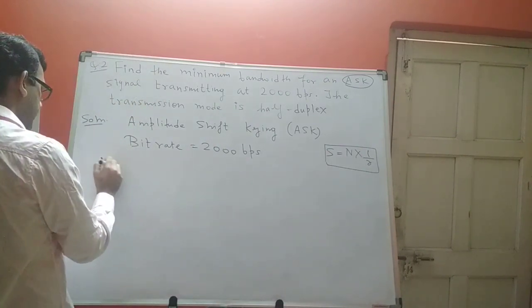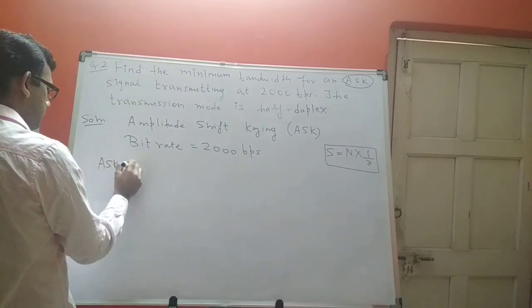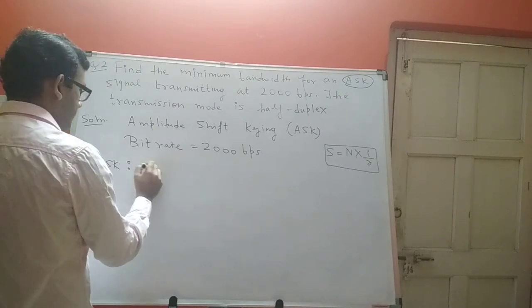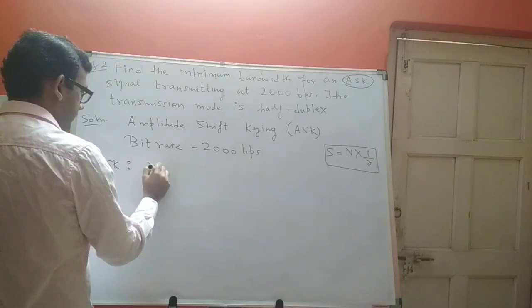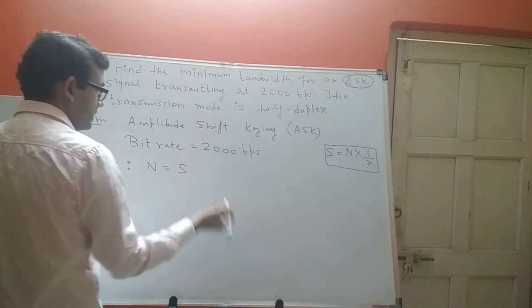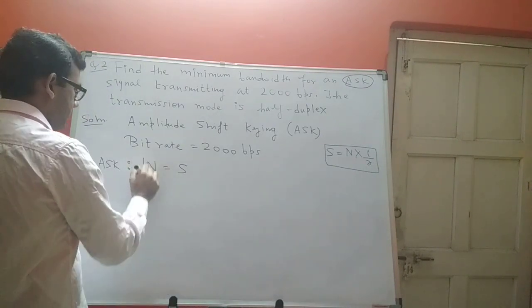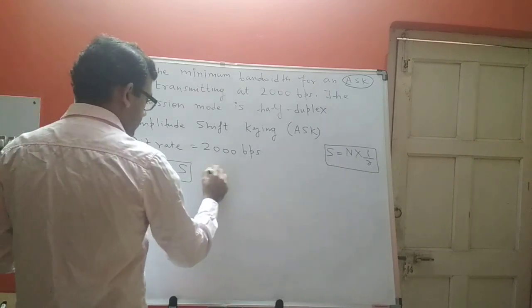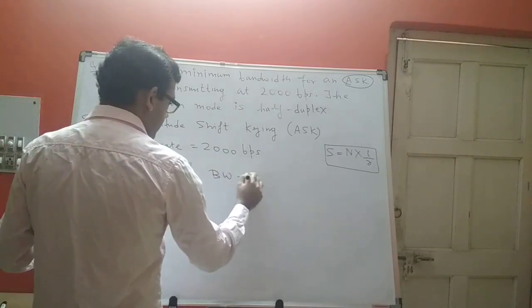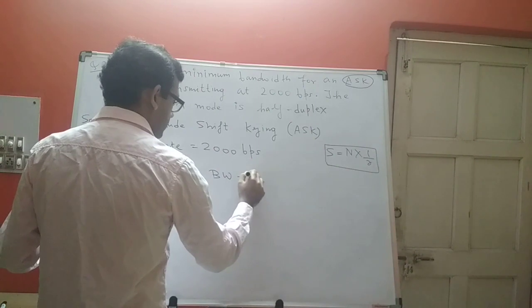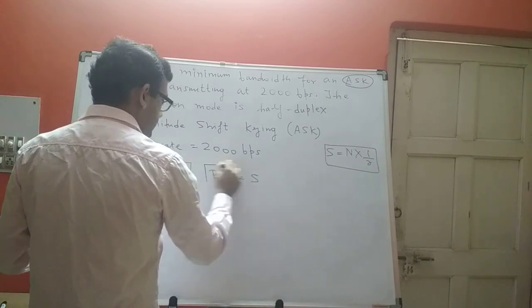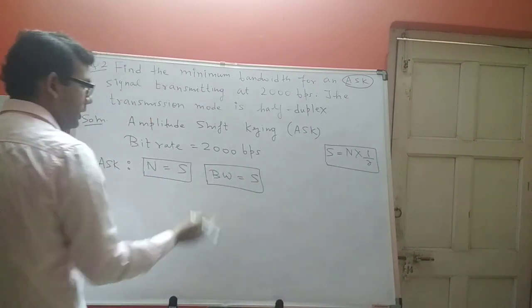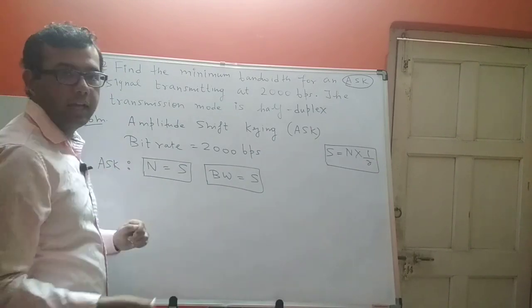Just keep in mind that for amplitude shift keying, your bit rate is same as your baud rate, and the bandwidth is same as the baud rate, making the bandwidth same as the bit rate as well.